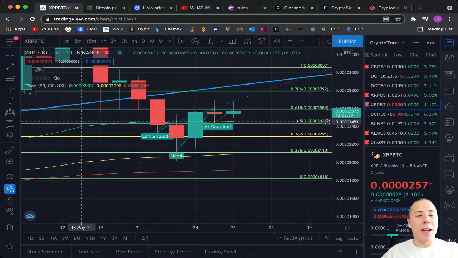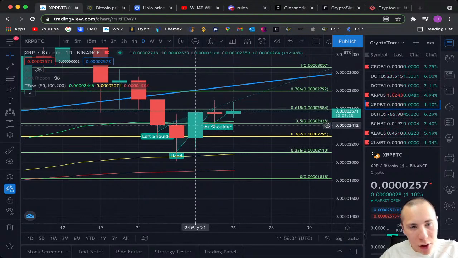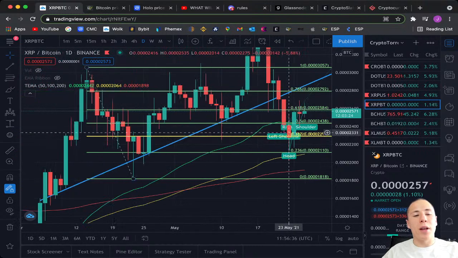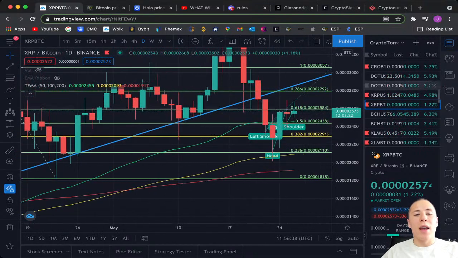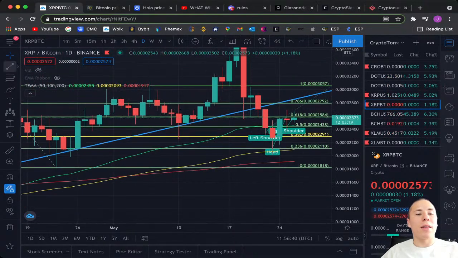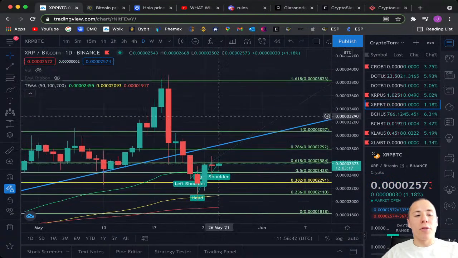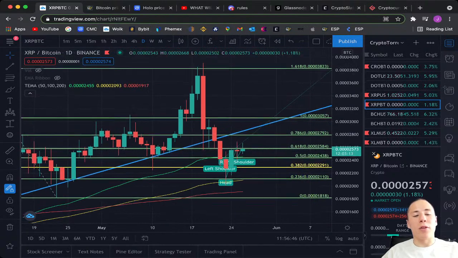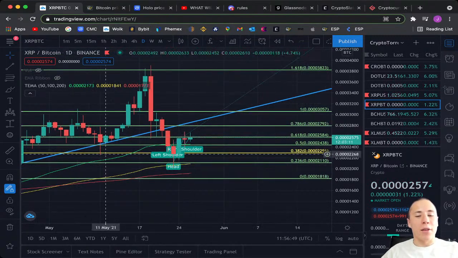That is the green thin line that you are seeing over here, and is currently trading right underneath. So that is something personally I think is of utmost importance. If we would like to head even further, the moving averages have to be for sure underneath the XRP compared to Bitcoin candles instead of above.